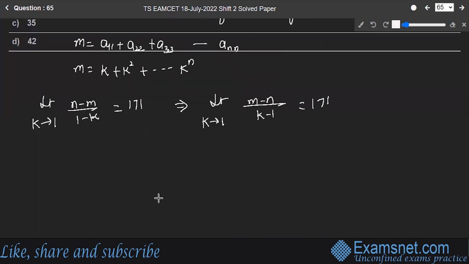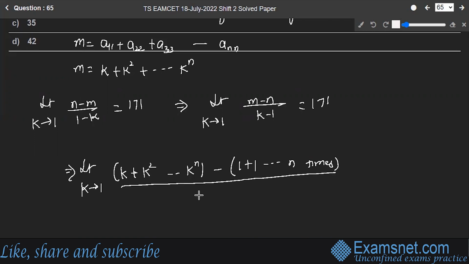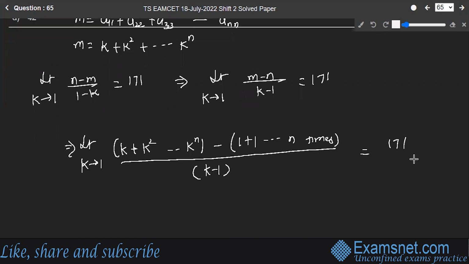This can further be written as the limit as K approaches 1 of (K plus K squared till K raised to power N, minus N, where N can be written as 1 plus 1, and so on till N times), this whole divided by K minus 1, is equal to 171.